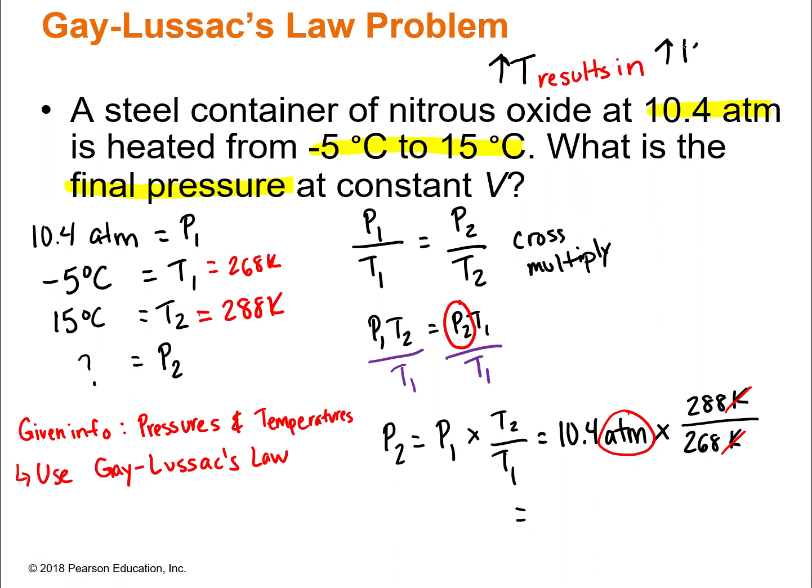That's right. The pressure is going to increase too. So when we do this problem, we expect that the pressure should be greater than 10.4. When you work out the math, you get 11.2 atmospheres, and that is more than 10.4, which is what we started with.